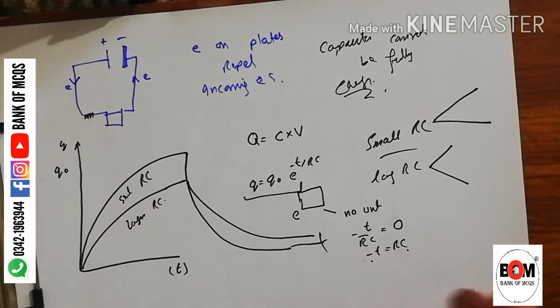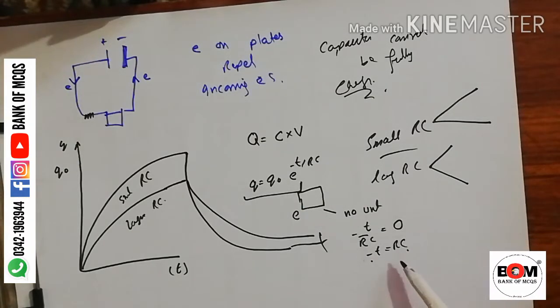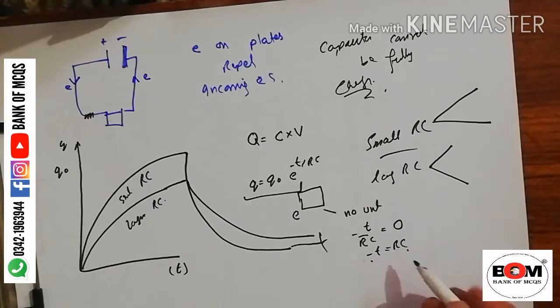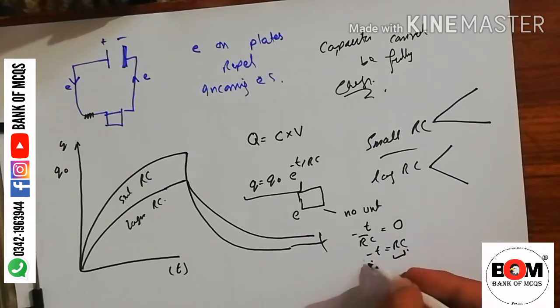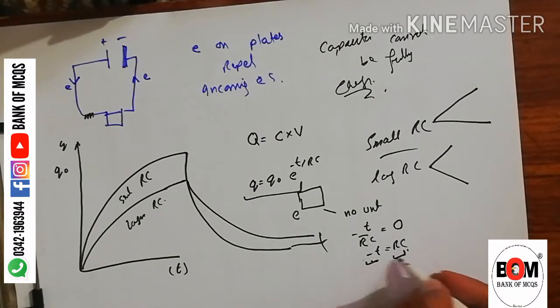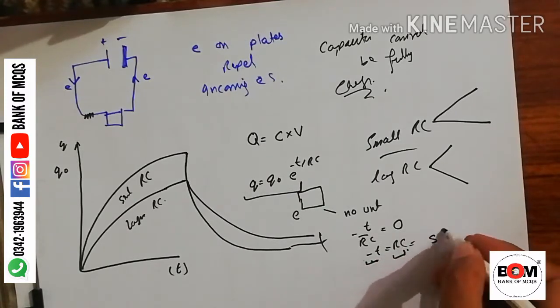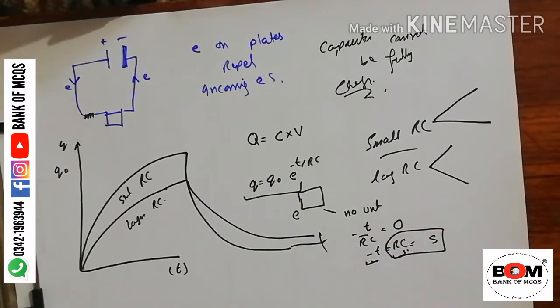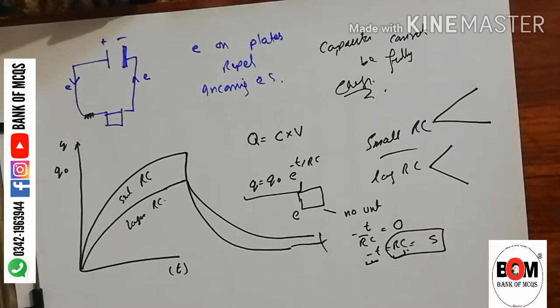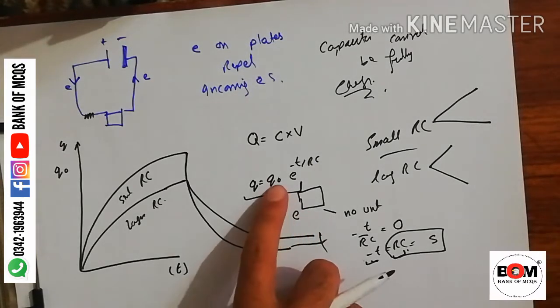Now in an equation, if there are two sides, these two must have the same unit. So the unit of t is the same as the unit of RC. So the RC unit is time, second, where RC is called the time constant. Now this is the equation for discharging.